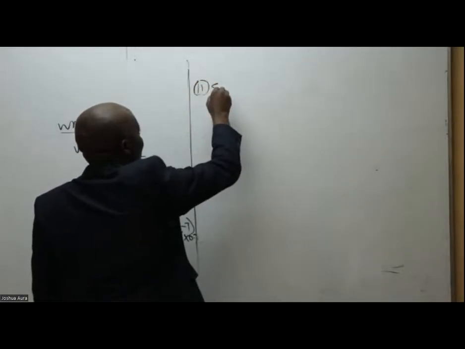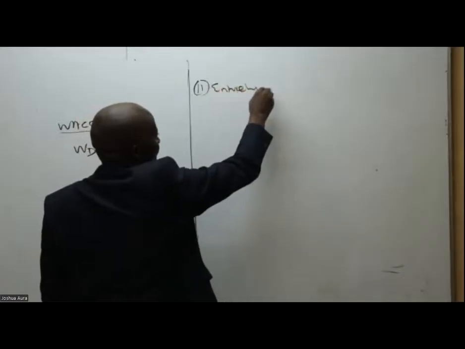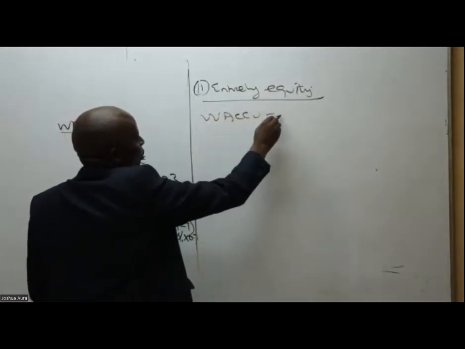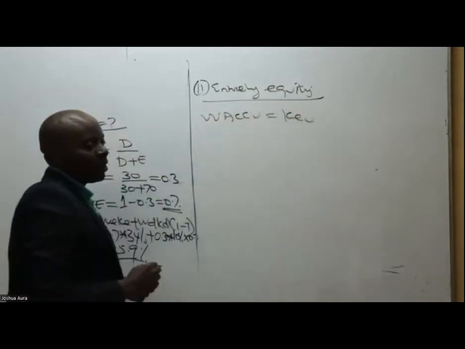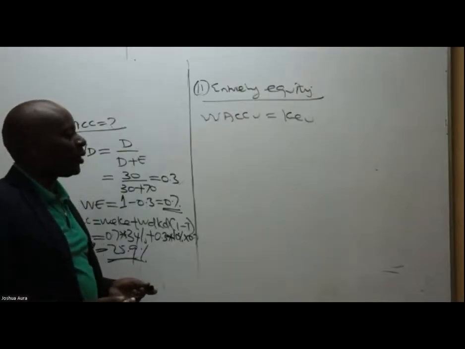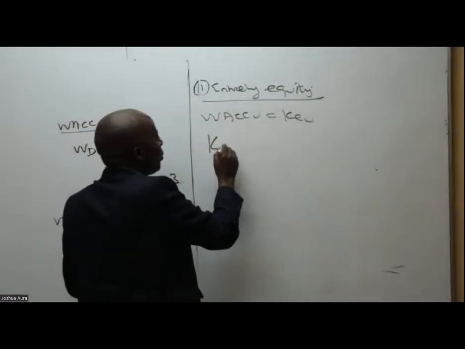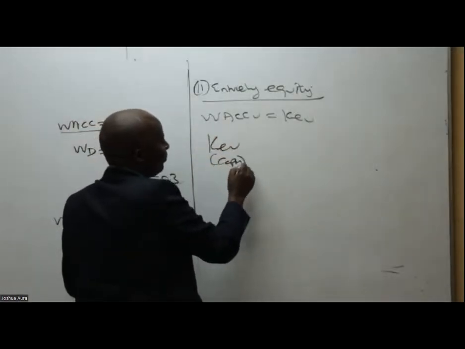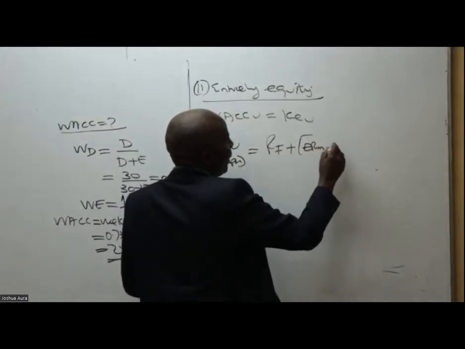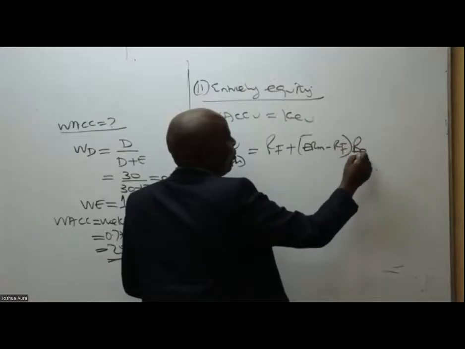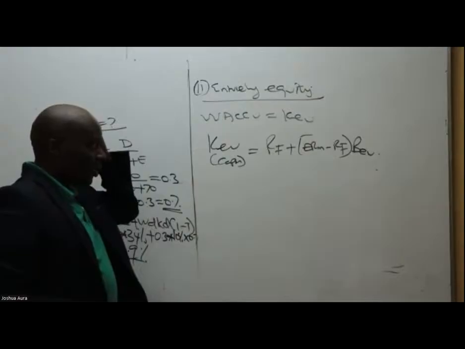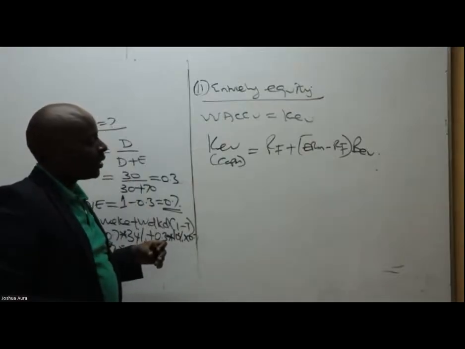For entirely equity, I know that WACC of the unlevered firm equals the cost of equity, Ke. To get Ke using CAPM, I'll take the risk-free rate plus market returns minus risk-free, multiplied by beta. I do not need a lot of workings here really.